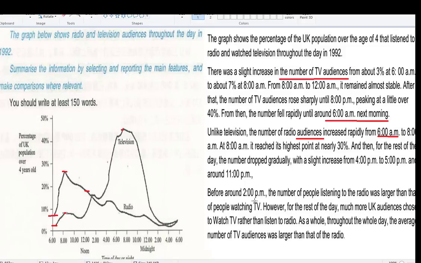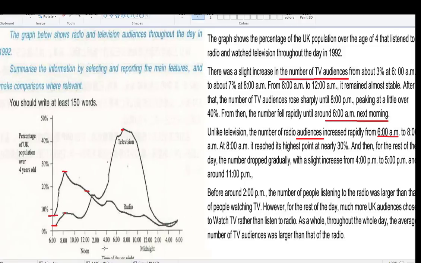"Before 2 p.m., the number of people listening to the radio was larger than that of people watching TV." Before 2 p.m. No, that's not true. The radio audience is smaller than the television audience throughout the whole day. It's roughly equal here. Oh, here there's a bit of a cross.